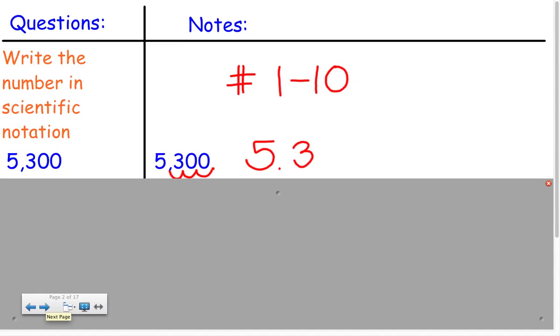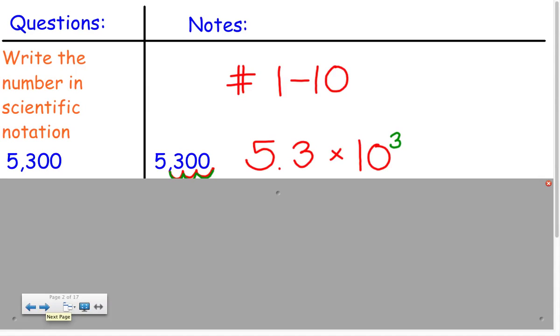Then for scientific notation, it's always times, and we actually do use the X for times in scientific notation. 10, you always put a 10. That's just a part of scientific notation. It's always times 10. And then you count how many times you moved your decimal. Well, like I said before, we moved ours 1, 2, 3 times. Now sometimes we'll have positive exponents, sometimes we'll have negative.